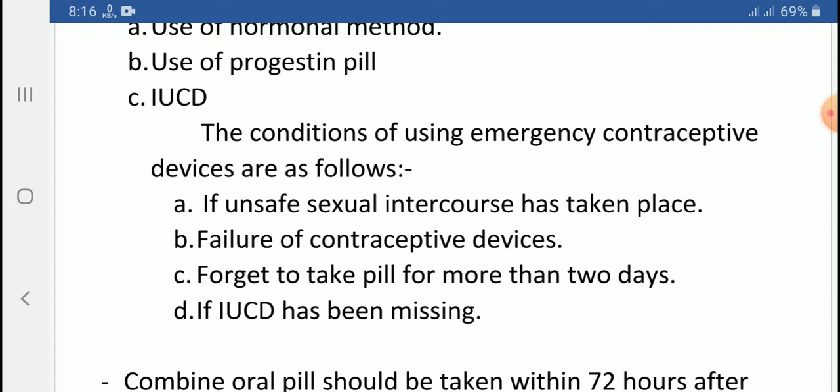The first one is if unsafe sexual intercourse has taken place. Next is in case of failure of contraceptive devices, or if the female has forgotten to take the pill for more than 2 days, or if the IUCD, intrauterine contraceptive device, has been missing, misplaced, or has come out through the vagina.